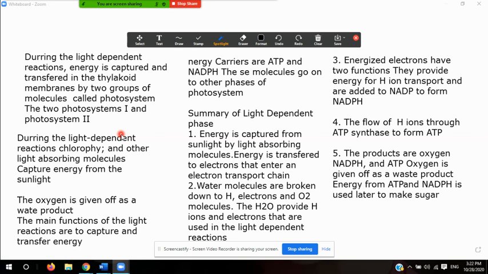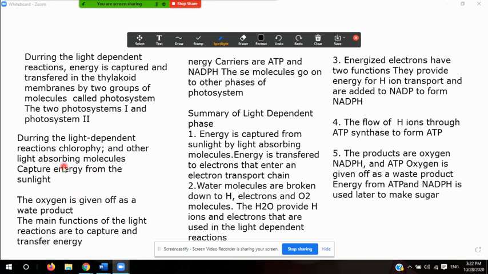The photosystems are a series of molecules in the thylakoids, which we know are in the chloroplasts, and they capture that sunlight. We're going to talk about that in more detail when we go into the steps and how they work.